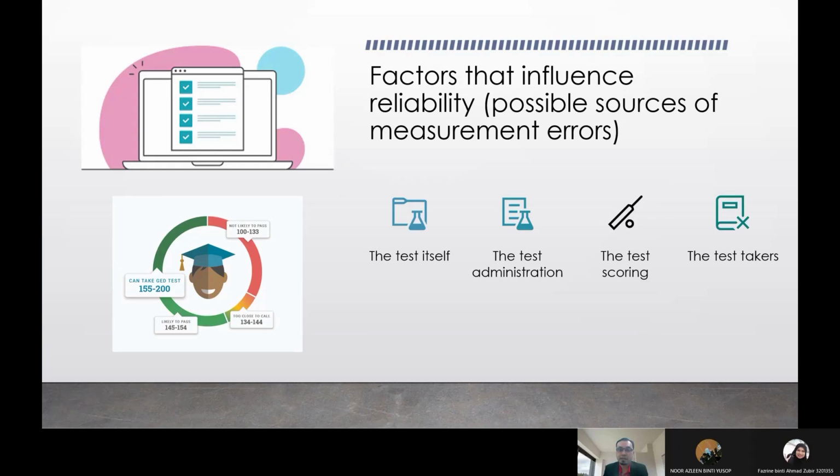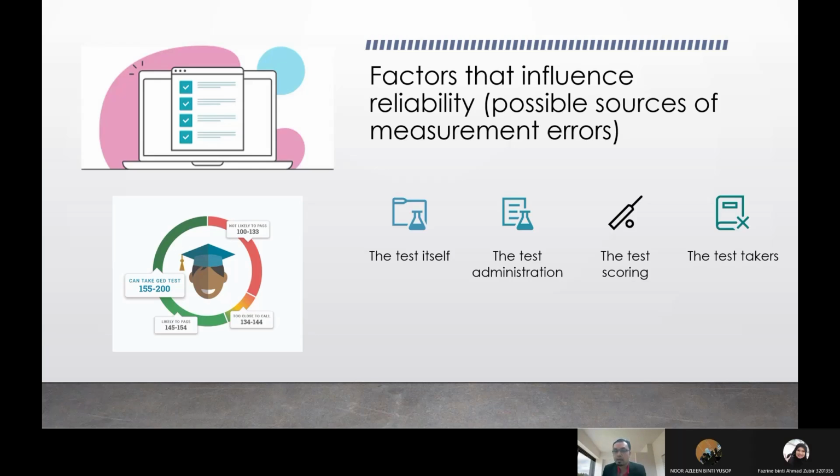Okay. Factors that influence reliability, possible sources of measurement errors or bias. So there are 4 of them. The first one is the test itself or the instrument or psychometric that we employ in our research study. The test administration, how we administer the test.